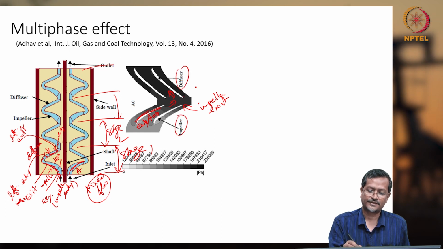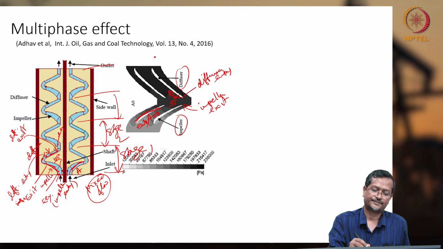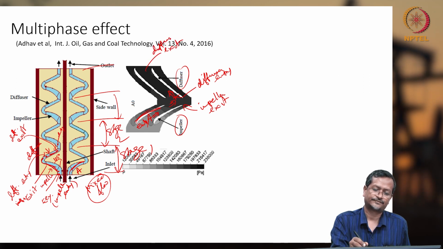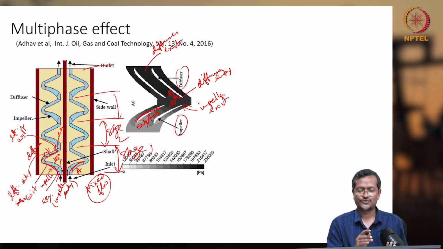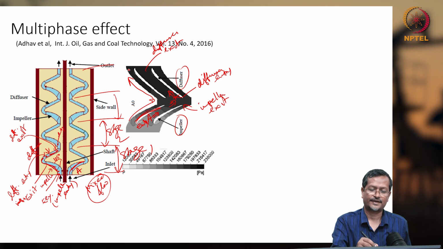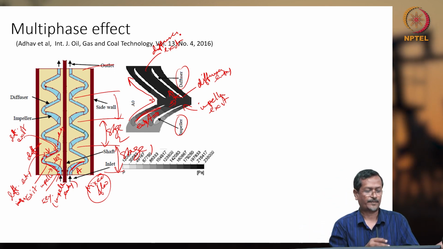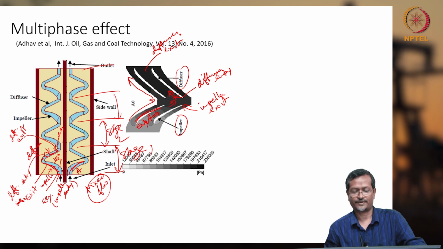This is the impeller, the diffuser entry here, diffuser exit here. So fluid is entering and going through like this. Again, it will be going like this. So you can match the left side figure to the right side figure.